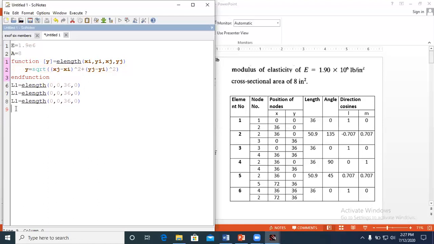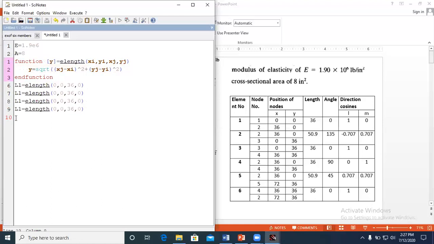There are 6 elements. Now for L2, length of element L2, the coordinates of node 2 are transferred, it is 36, next 0 and 36.